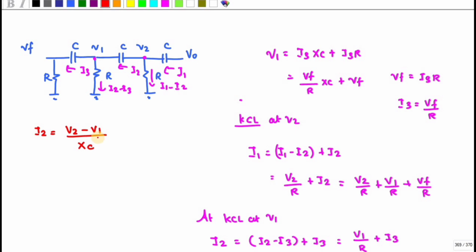So I can write I2 XC minus V2 is equal to minus V1. So what is my I2?